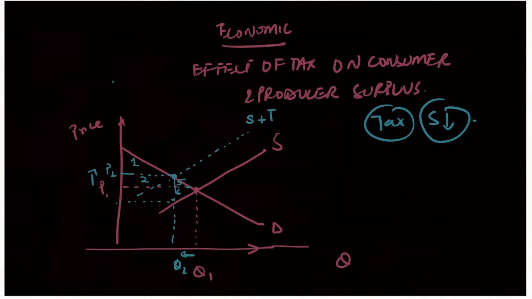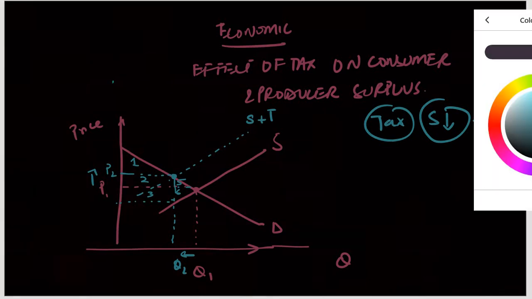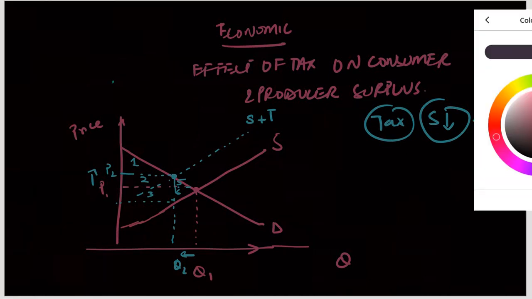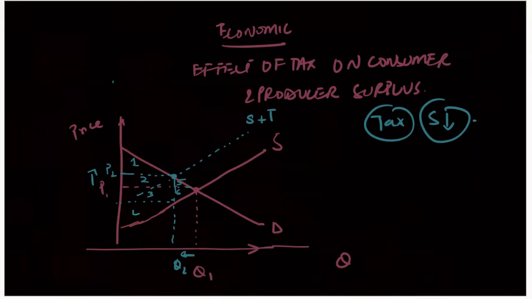This is 3, and if I extend this line, this is 4. So now there are how many sections? 1, 2, 3, 4, and this whole triangle is broken into 5 and 6.